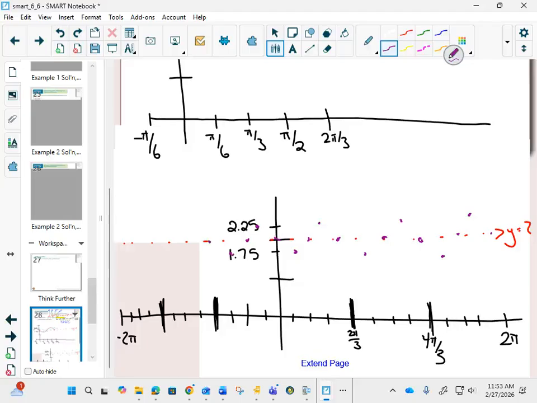I'm annoyed. Center line, minimum, and center line. And if you put arrowheads on, you'd lose marks because it said start at negative 2 pi and end at 2 pi. That is annoying. So I will always ask you to do at least one period.